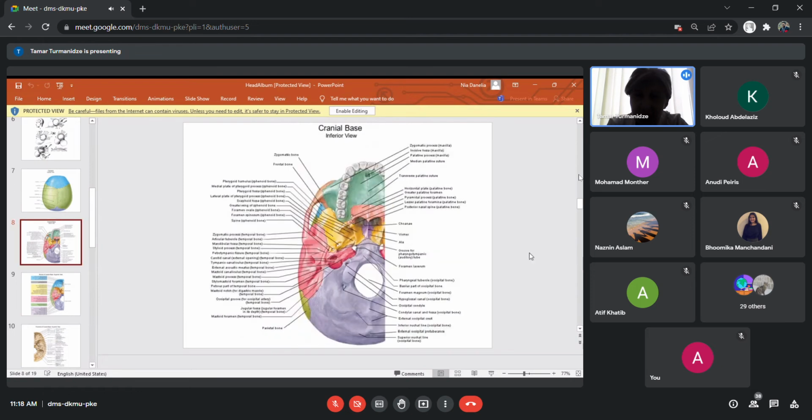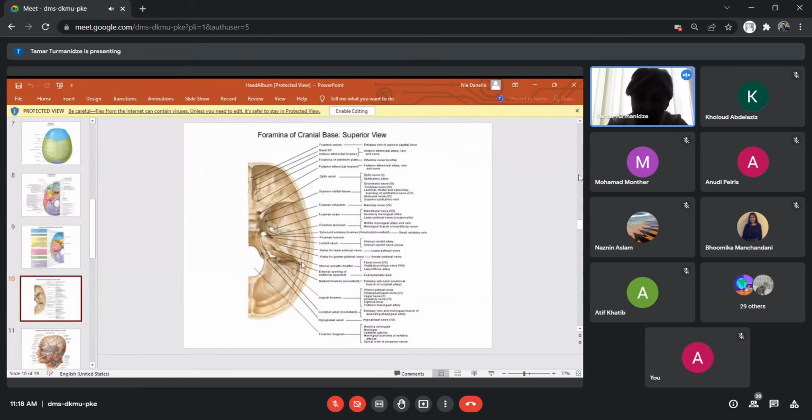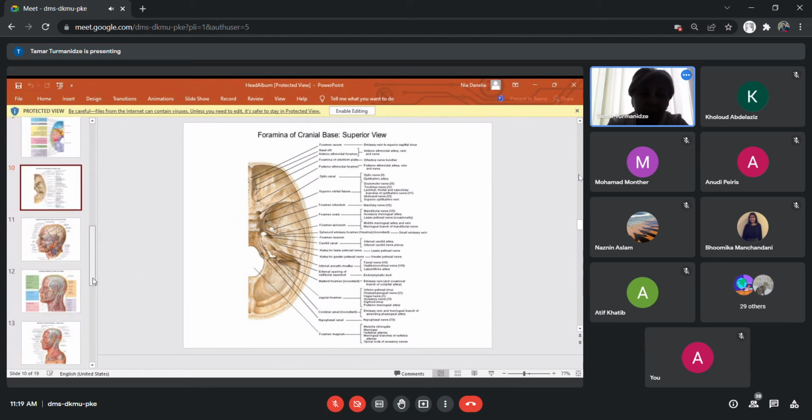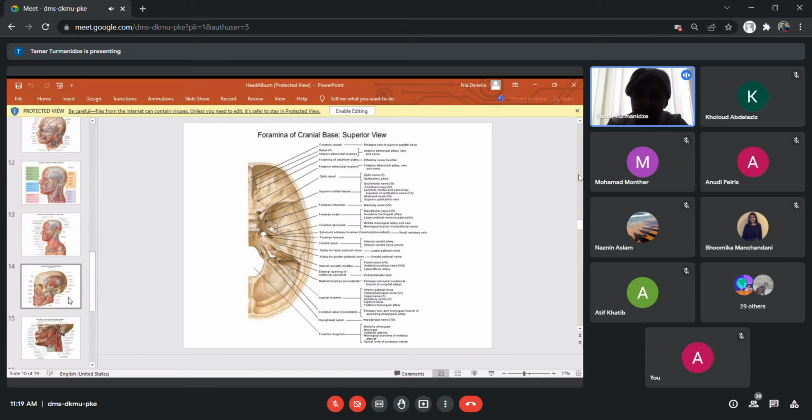The base of the skull consists of the external base and the internal base. The internal base, located inside the cranial cavity, is composed of three cranial fossae: anterior, middle, and posterior cranial fossa.